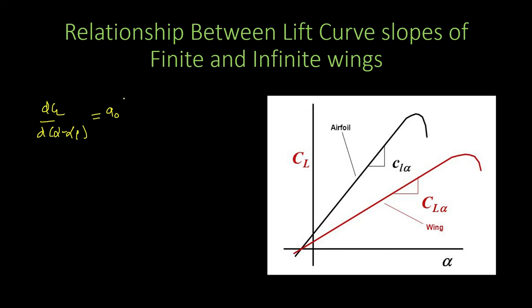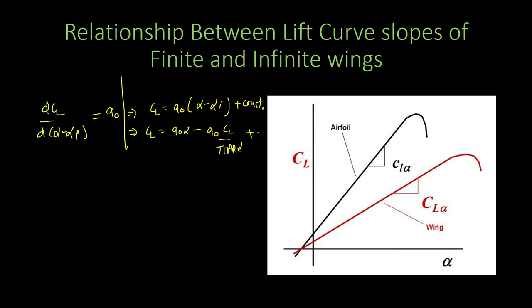Now if we integrate it, we will get CL is equal to a naught times (alpha minus alpha I) plus some constant. This means CL is equal to a naught alpha minus a naught alpha I. Now alpha I is equal to CL upon pi AR e dash plus some constant.